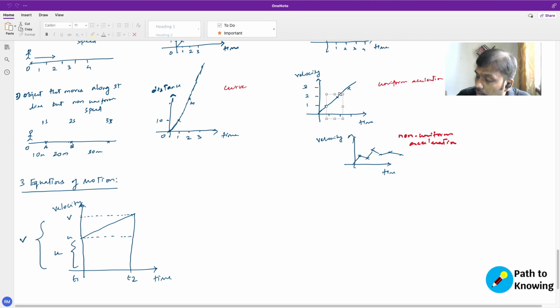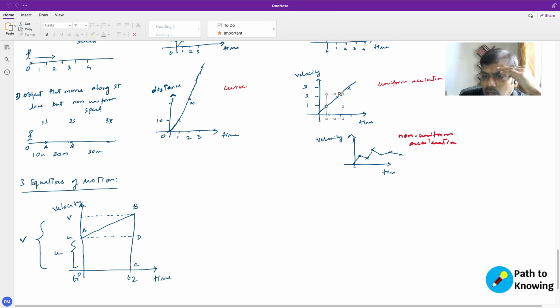So the velocity of this object has increased from u to v between times t1 and t2, right? Now let's also mark the endpoints of this. Let's say that this object moves from point A to point B, and this part, the origin, let's call it O, and let's call this point C, and this point E, right?